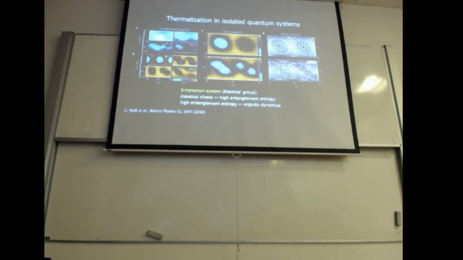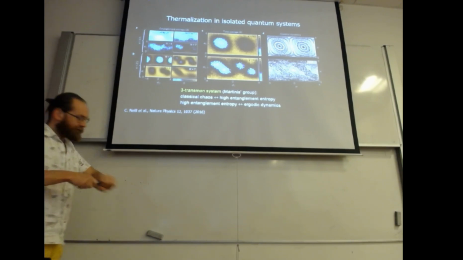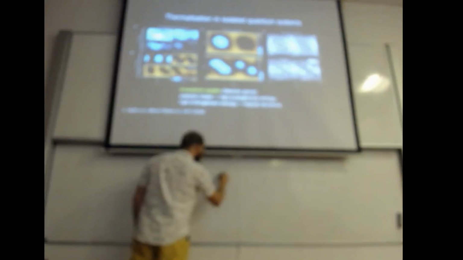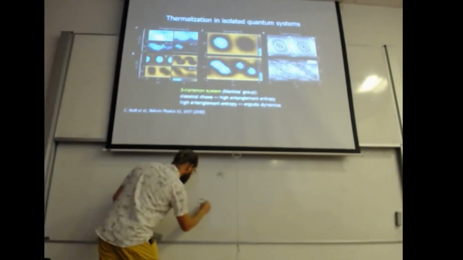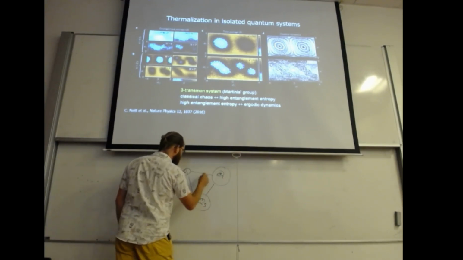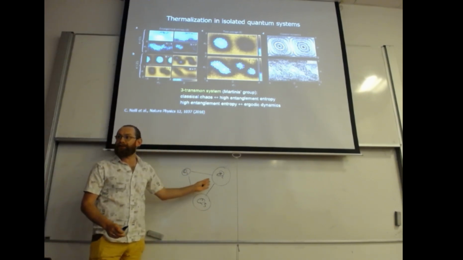This example I like, because what this is, I should draw this on the board, this is basically a triangle of three superconducting qubits. So you have qubit 1, qubit 2, qubit 3. They are coupled in this triangular shape, and you can play with the coupling strength between them.